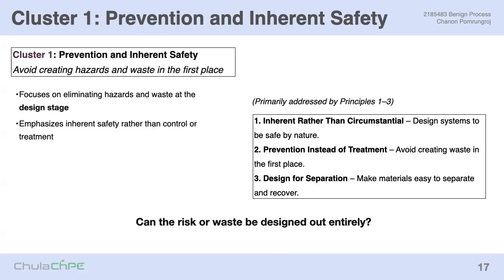That is the difference between inherent and circumstantial. Inherent means that by the nature of the process, it is safe. For example, to produce polyethylene, maybe you can choose the dangerous way, or you can choose a really green and safe way, and there is no risk existing in the process itself. So that's inherent. That's the first one.